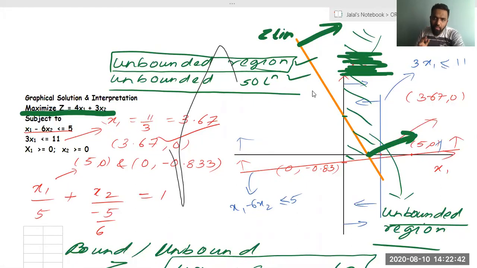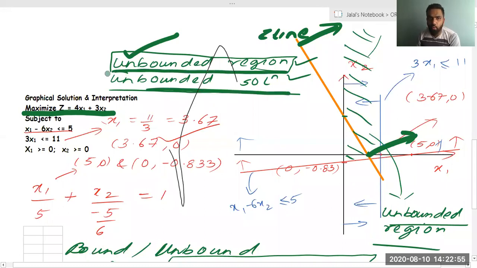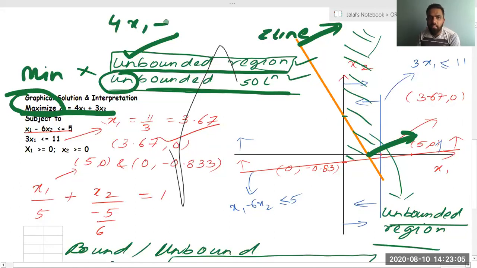I would like to let you know when you get a bounded solution, not an unbounded one. Suppose this question was about minimization, minimize 4x1 plus 3x2.